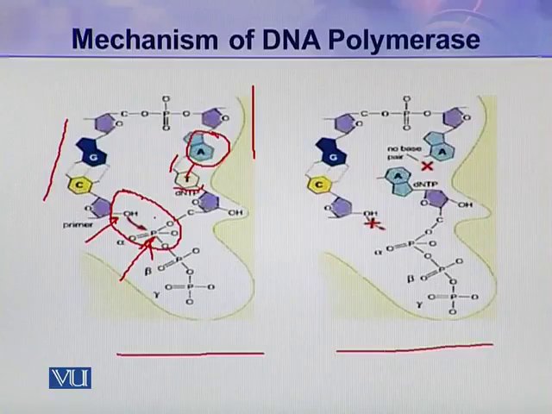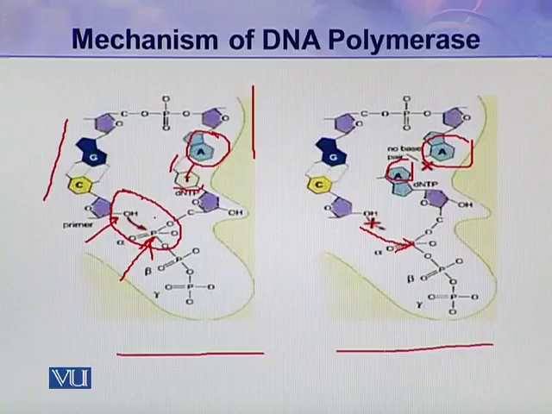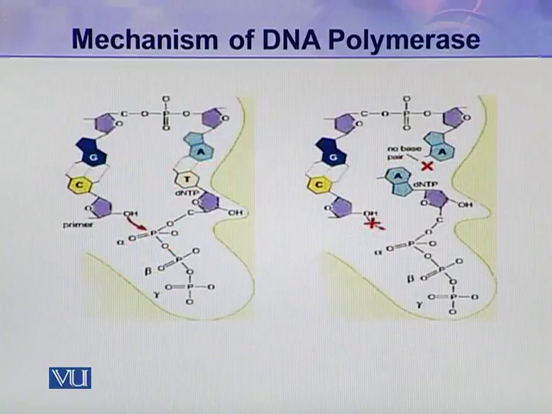While in this figure, you can see here it is adenine, and the incoming nucleotide also contains adenine, but here this OH doesn't come into alignment with the alpha phosphate, and it cannot attack the alpha phosphate, and the addition of a new nucleotide cannot take place.